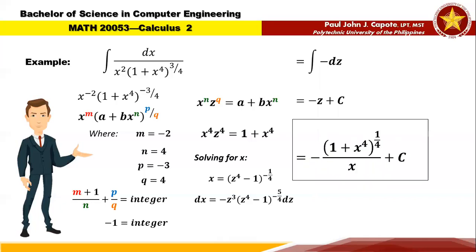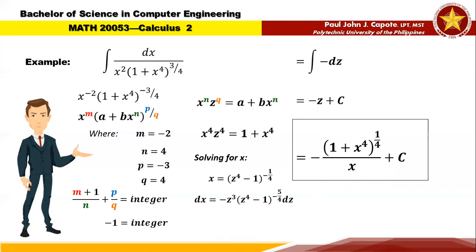Substituting the value of z from our given information, we get the final answer: negative the quantity 1 plus x raised to the power of 4, all raised to the power of 1/4, divided by x plus c.